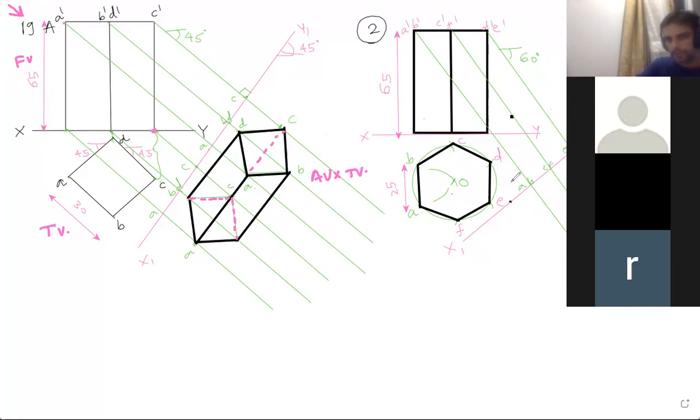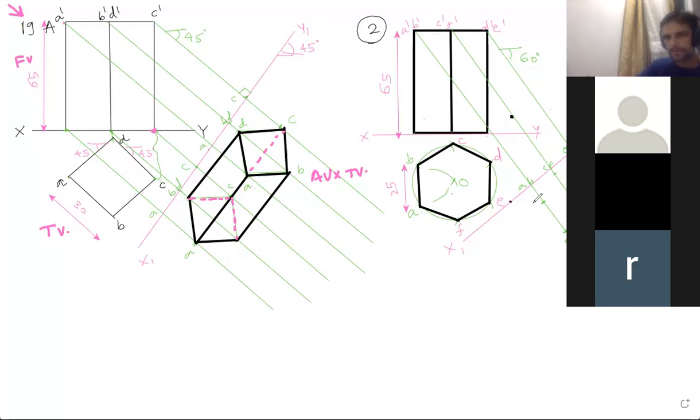So xy to b, you cut b over here. Xy to A, you cut A over here. Xy to C, you cut C over here. Xy to F, you cut F over here. Xy to D, you cut D over here. Xy to E, you cut E over here.